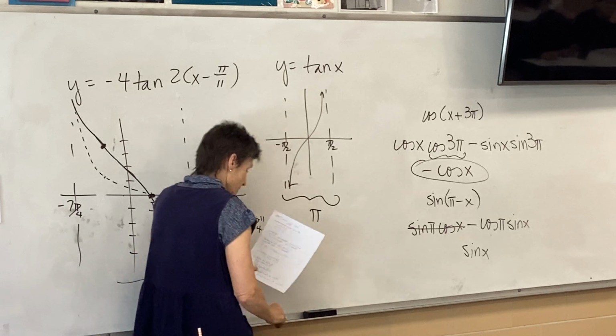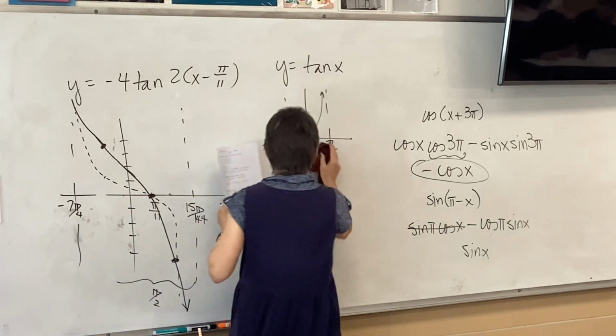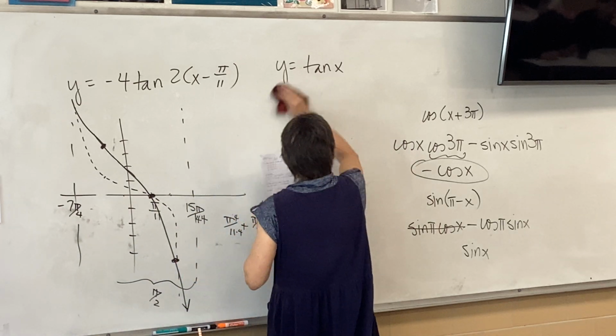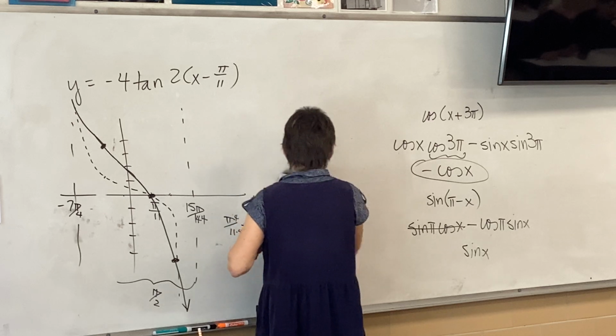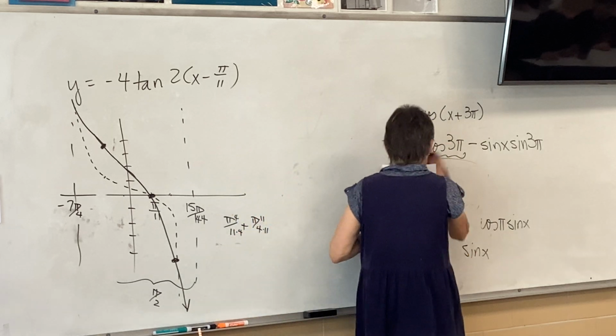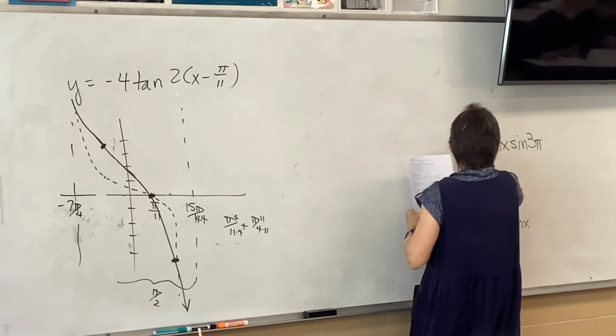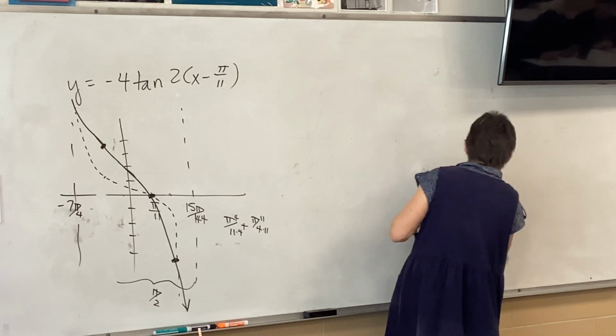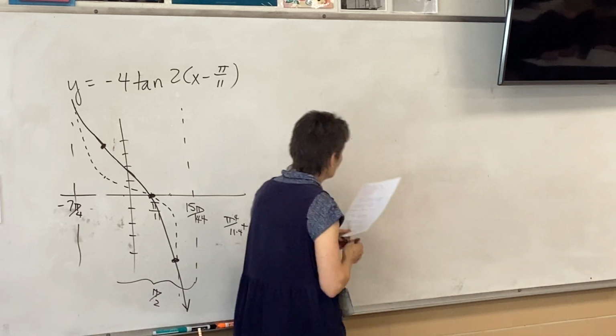All right, 3 sine. All right, so now we've got a regular sine. We've done a lot of those the last few days. So we know what that looks like. It has a midline at -1.